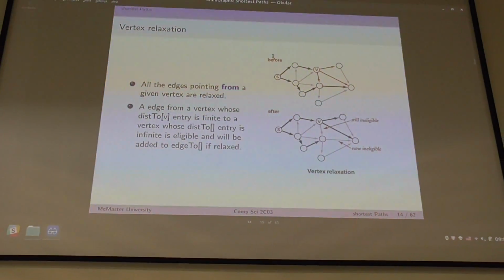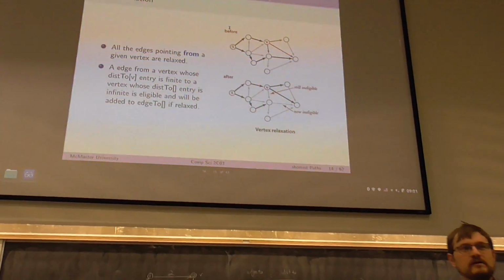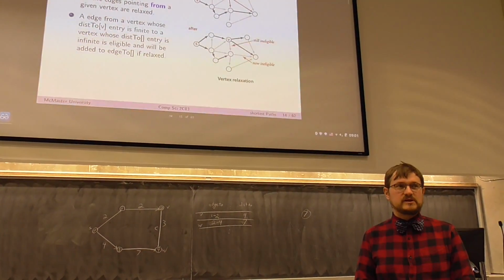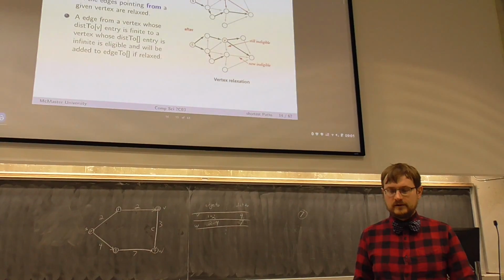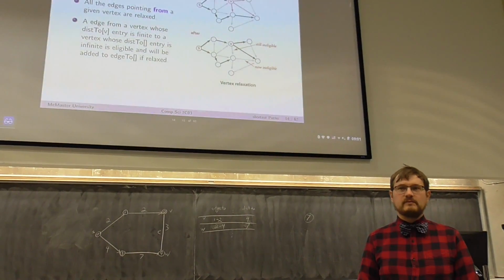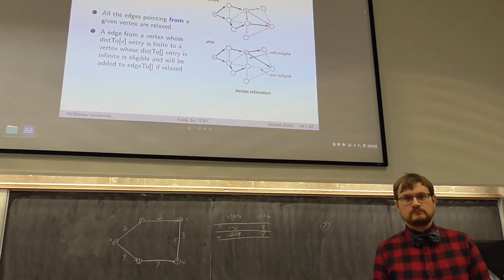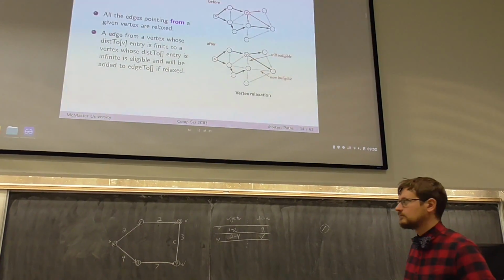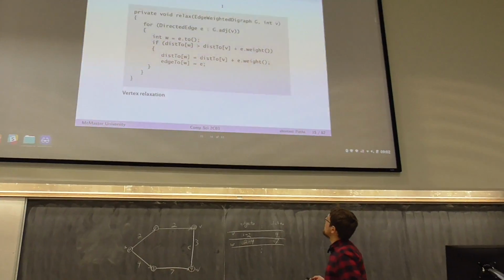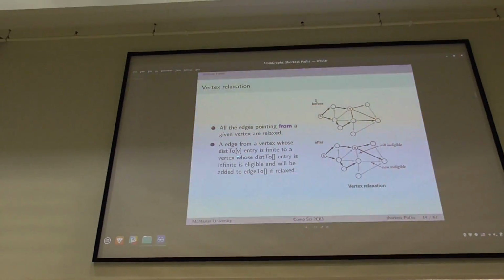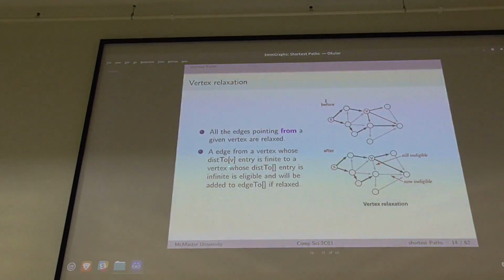So if you have a distance to being infinity, that means that either the vertex hasn't been considered yet, or it's actually not accessible from the source node that you selected, and the algorithm might be finished. Make sense? Good.